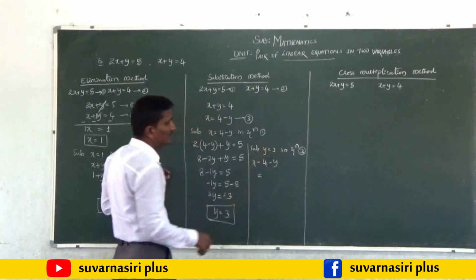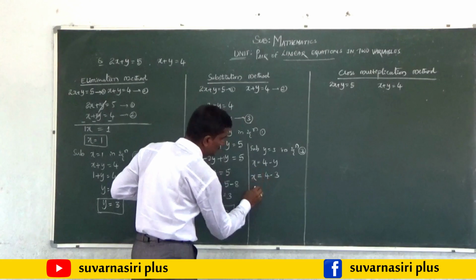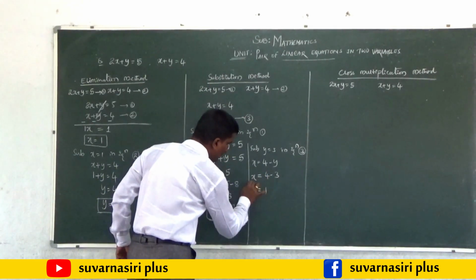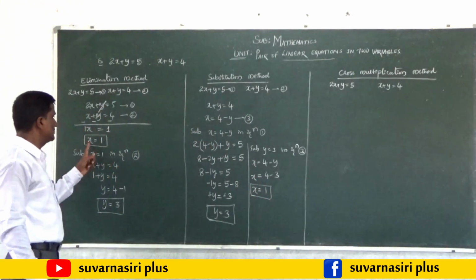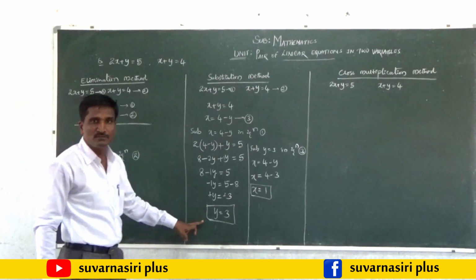What is the value of y here? 3. 4 minus 3. So x is equal to 4 minus 3, how much? 1. See here, in both methods the same answer: x is equal to 1 and y is equal to 3.